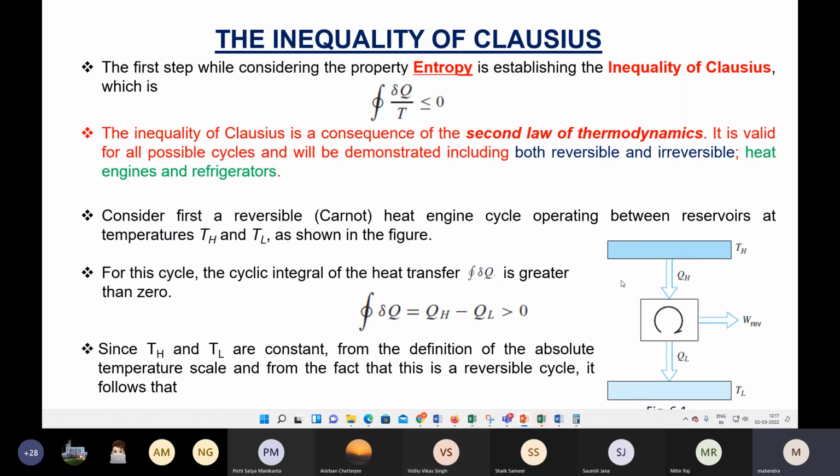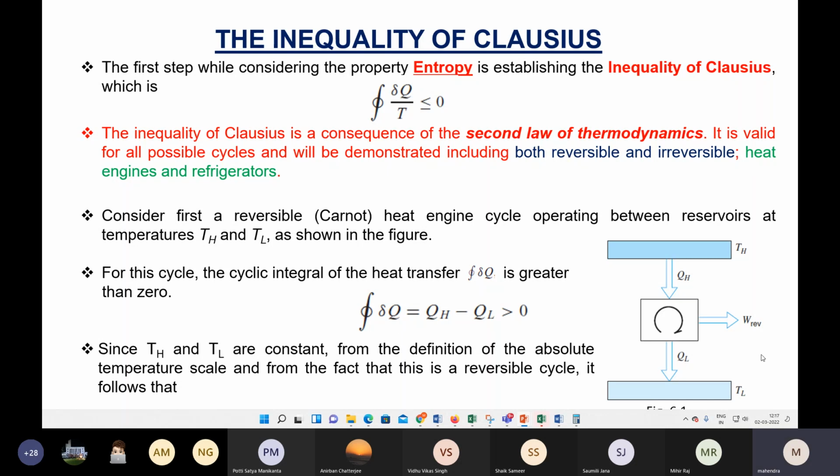That is the engine we have defined. For this particular engine, if you observe over here, it is less than or equal to 0. How is it happening? These two we have to see now.